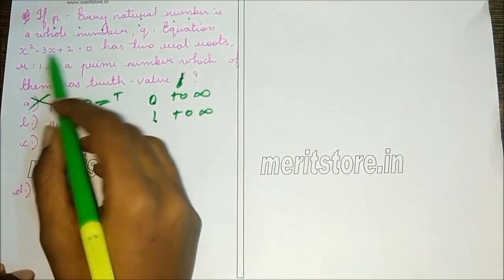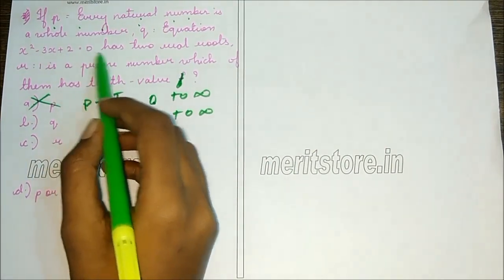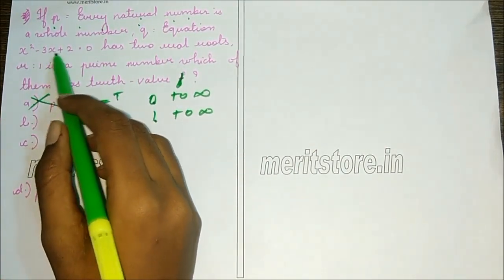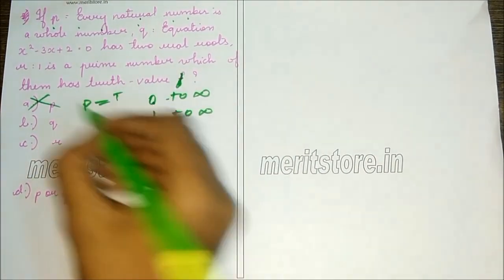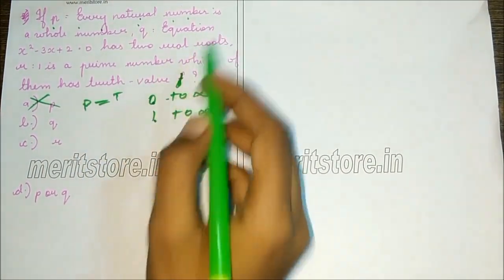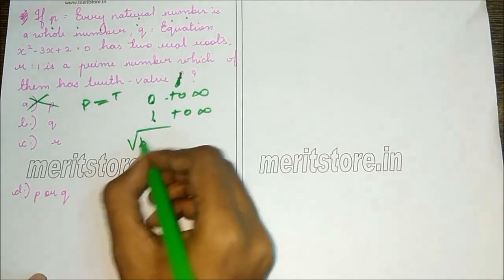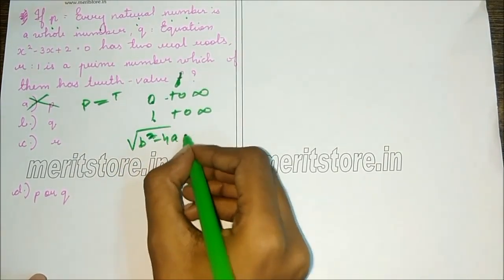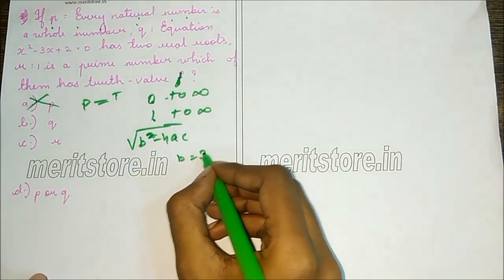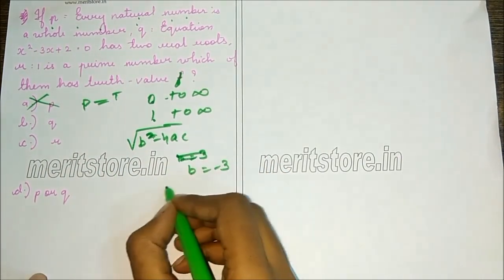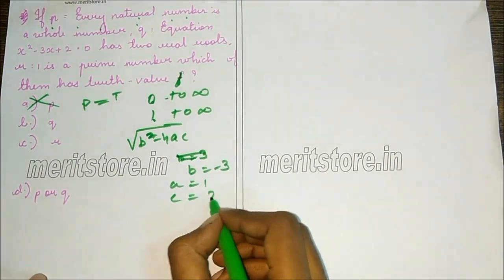Now Q is x square minus 3x plus 2 equals 0. If we want to check if the roots are real, we'll see if b square minus 4ac is greater than 0. In this case, b is minus 3, a is 1 and c is 2.